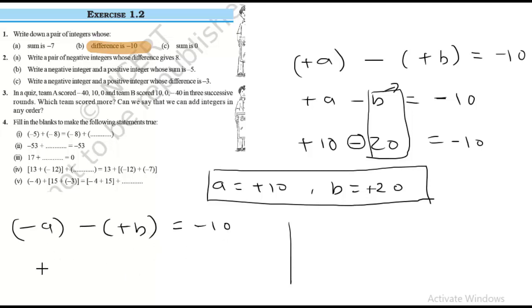So open the bracket, minus A, minus B. There is a positive sign, there should be no change; there is a negative sign, so the inner sign will change, is equal to minus 10.